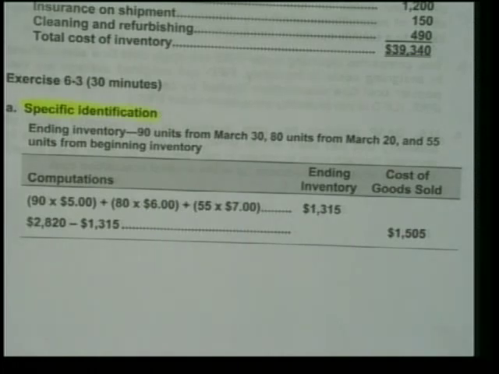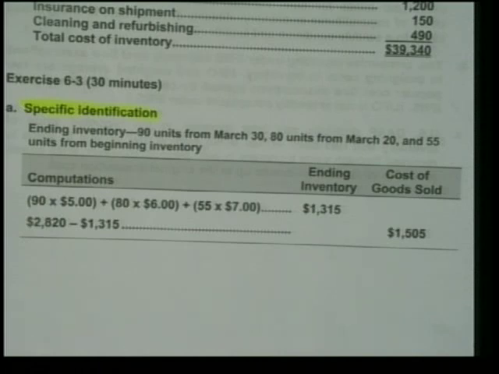They actually figured out what the ending inventory is worth, and then they recognized from the other answers that the sum of ending inventory plus cost of goods sold should equal 2820. And they got their cost of goods sold at 1505. All right? So that is how they did specific ID.